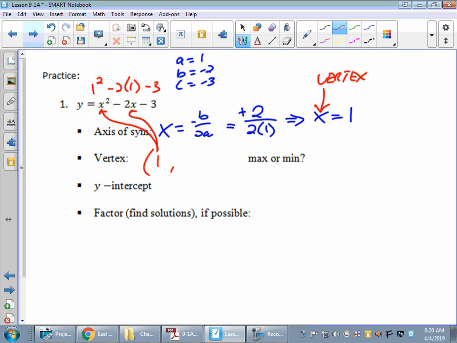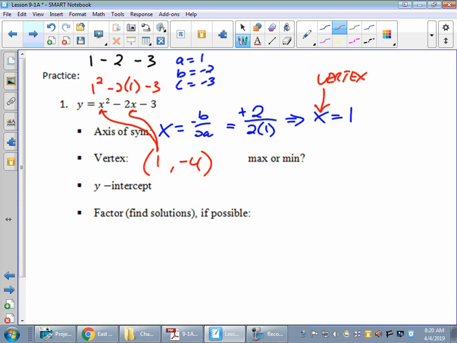We all know that 1 squared is 1. Minus 2 times 1 is minus 2, minus 3. So 1 minus 2 we know is negative 1. Minus 3 more is negative 4. So my vertex here would be 1, negative 4.